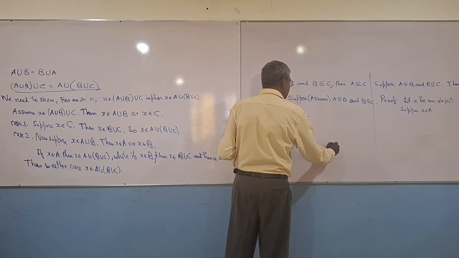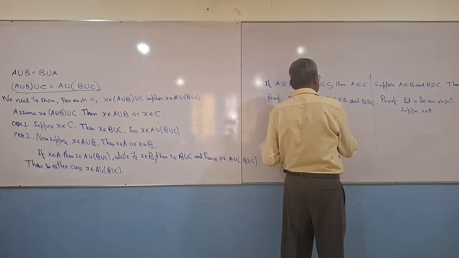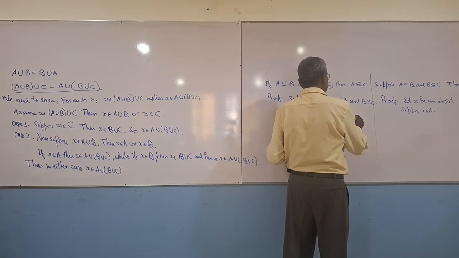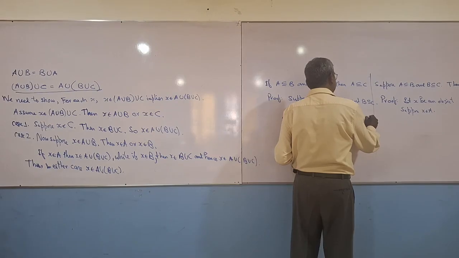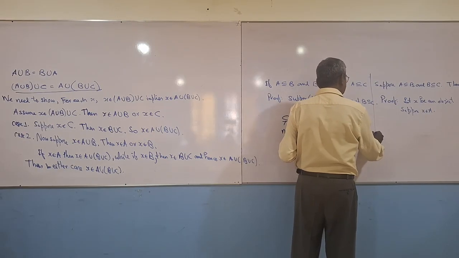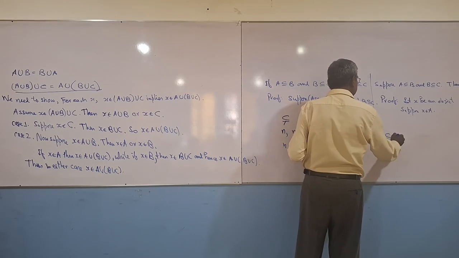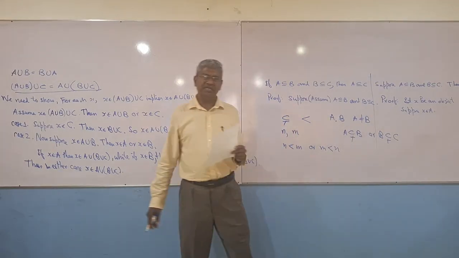One of them is true. But if you are given two sets A and B, A not equal to B, you cannot say A is a subset of B or B is a subset of A. You cannot say so.